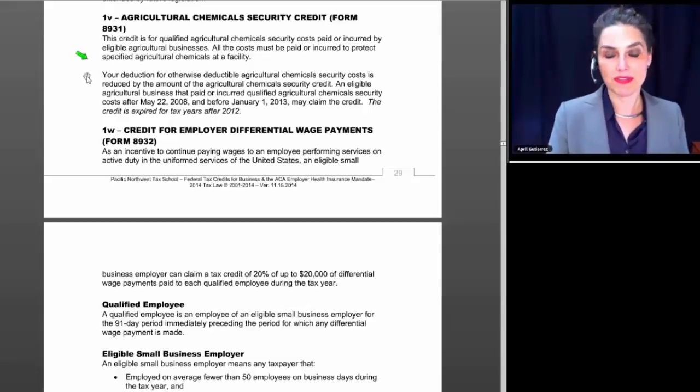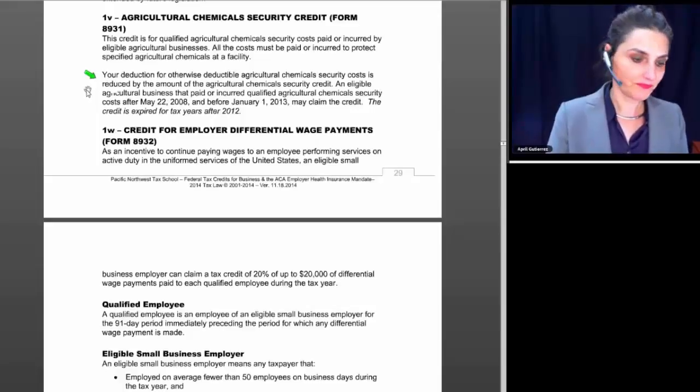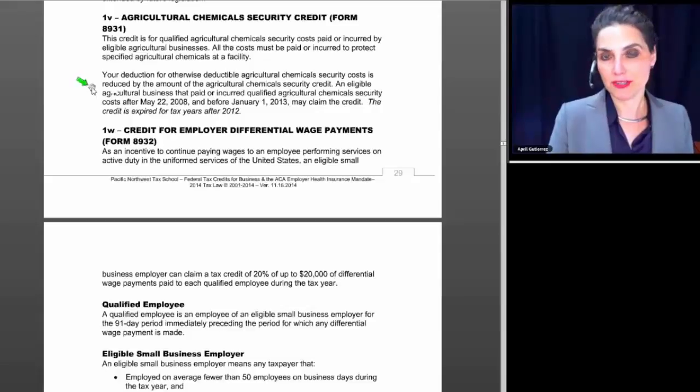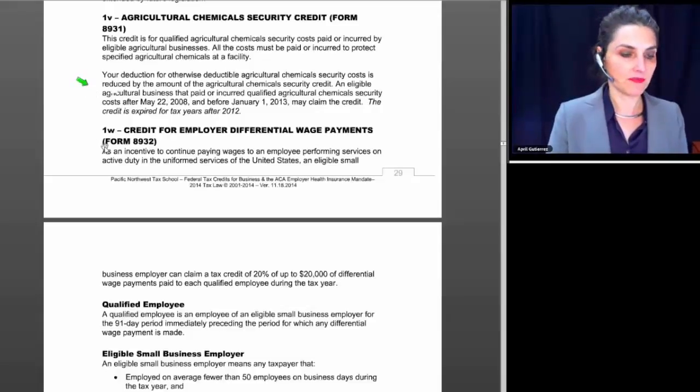Without being an expert on this particular topic, agricultural fertilizers and other agricultural chemicals can be used for purposes other than their intended purpose, and this law was created to encourage farmers that are storing these chemicals to protect them from theft. And so this particular credit has expired after 2012, however. Unless we see some future legislation extending it, it's gone.